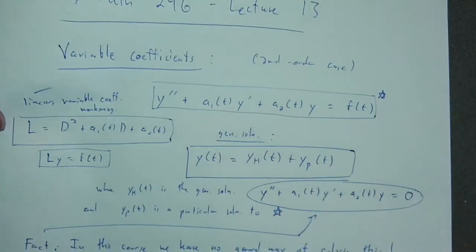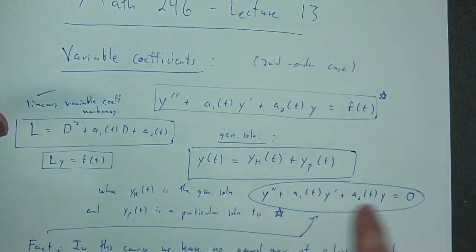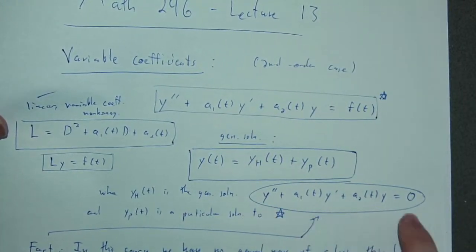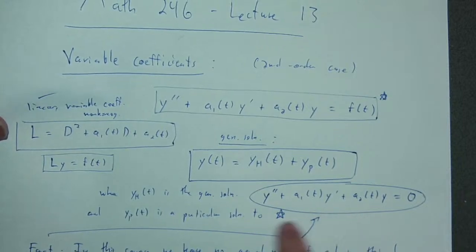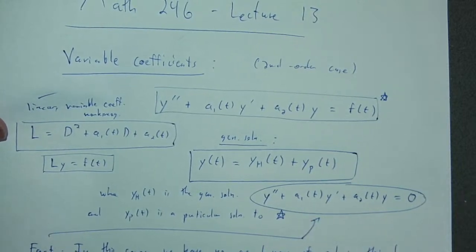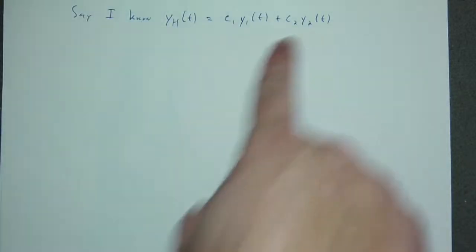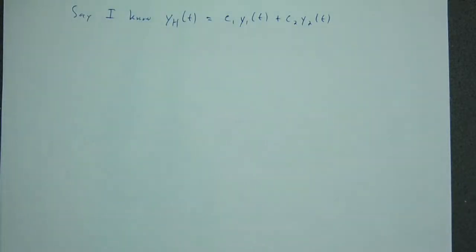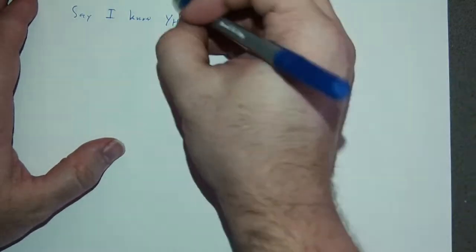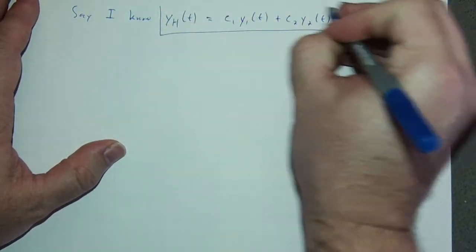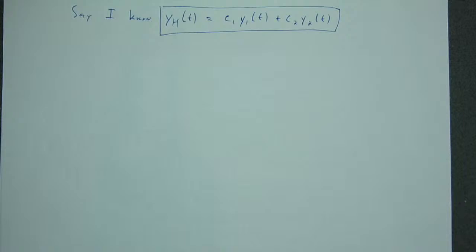This is a second order equation, so the associated homogeneous solution looks like this. Then I know, because this is linear, that the general solution is going to look like this, where y1 and y2 are two linearly independent solutions, so they form a fundamental solution set. So say I know this.